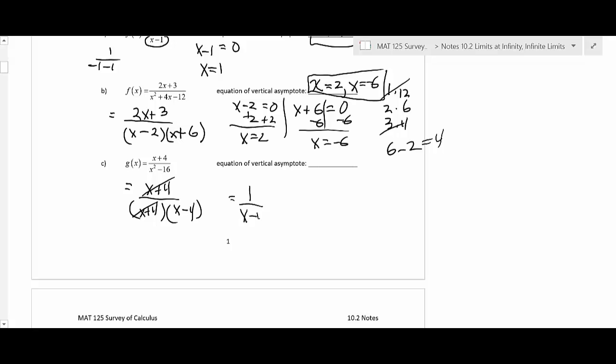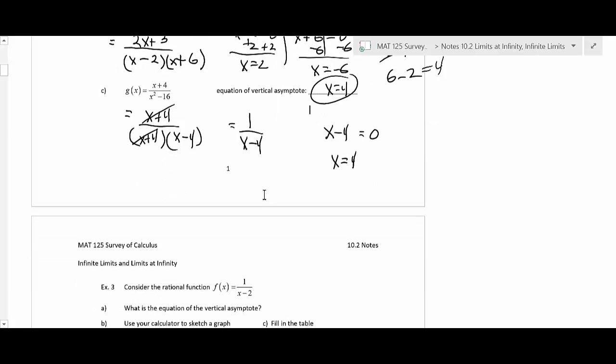So you only have one vertical asymptote on this problem. So don't just factor the denominator, see if something cancels out. So now you have x minus 4 equals 0, so x equals 4 would be the asymptote. You wouldn't see two asymptotes on that one, you'd see one. That's it. So that's kind of the idea.